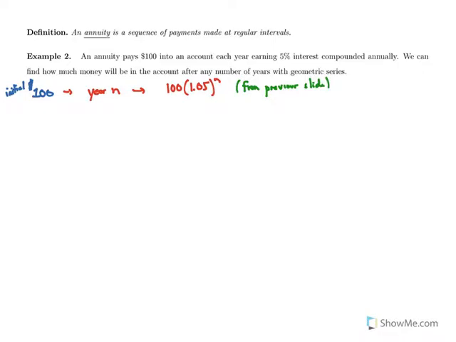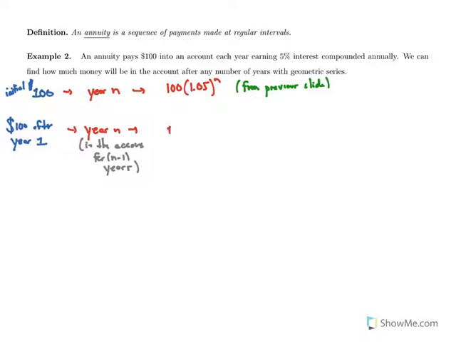Then we add $100 after year 1. So at the end of year N, this has been in the account for N minus 1 years because we inputted it not at the beginning, but a year after the beginning.